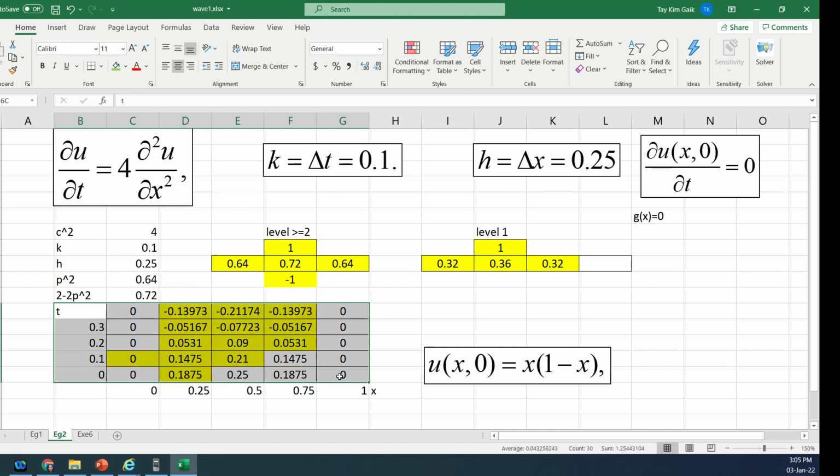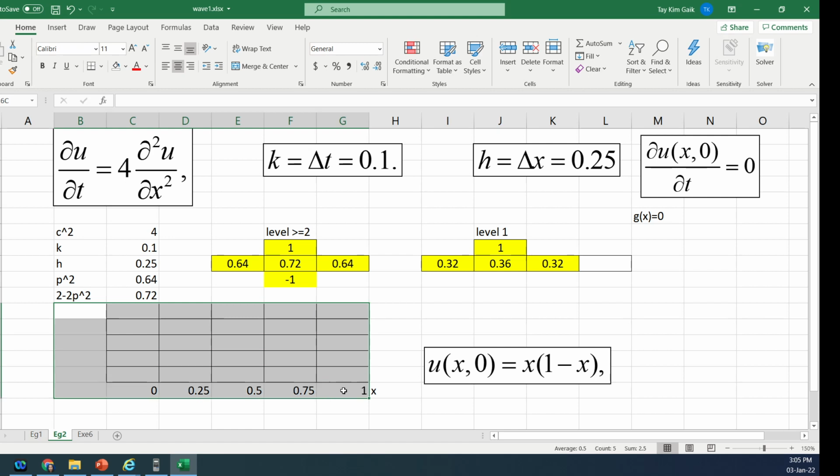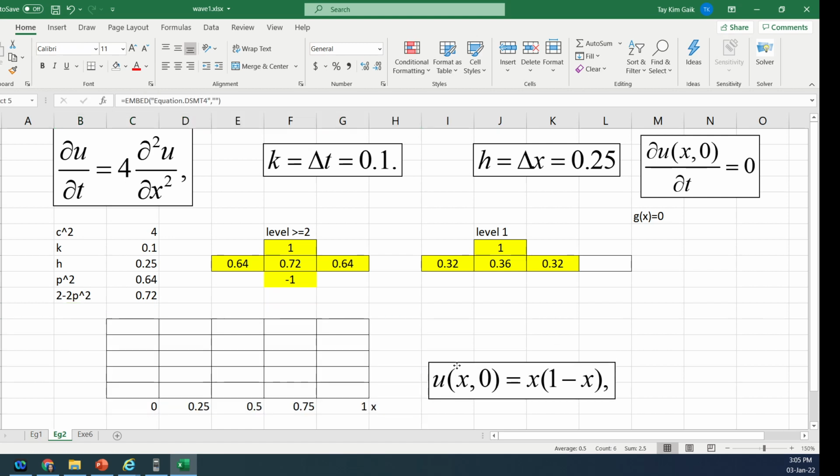Let me delete everything first. So c squared, the coefficient for del 2u del x2, is 4. K is 0.1, h is 0.25.